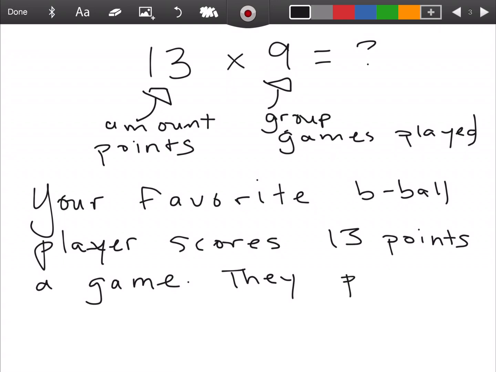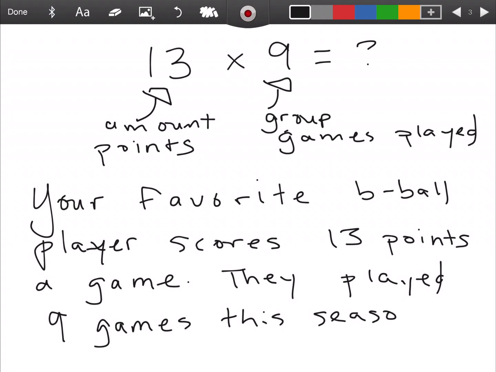They played 9 games this season. How many points did they score? How many points total?